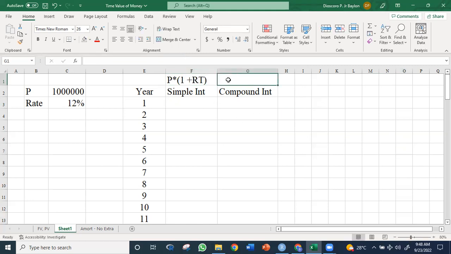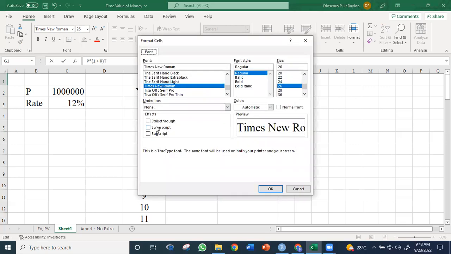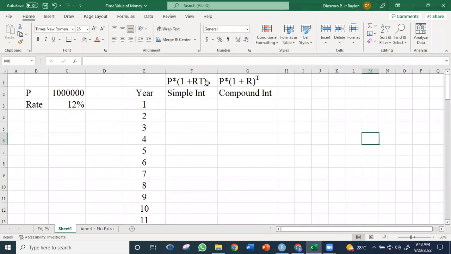For the compound interest, it's P times 1 plus R, raised to the T. So that's the difference between these two formulas.